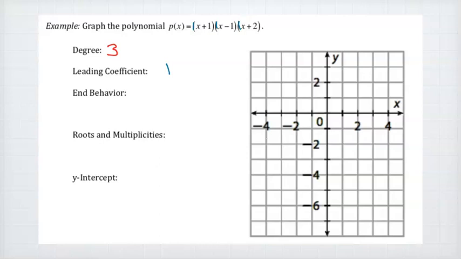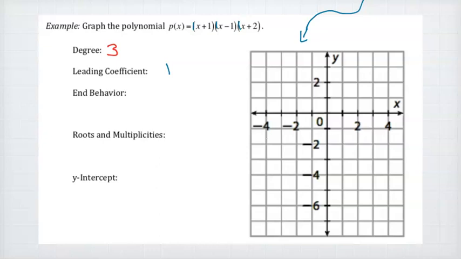Degree of 3 with a positive leading coefficient, I know that it's going to start low and then end high. From left to right, it'll go up because the leading coefficient is positive, and the ends will go in different directions because the degree is odd.